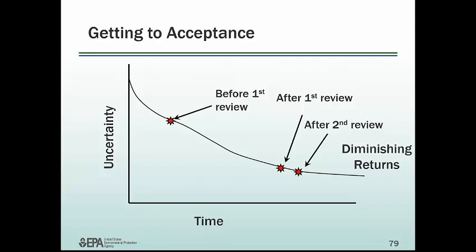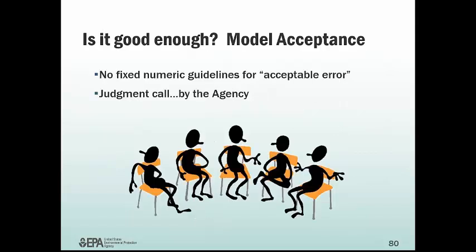So is the model good enough? As I mentioned, there are no fixed guidelines for the acceptable error. And why is that? I think it's reasonable that there aren't such fixed guidelines. First of all, Dino mentioned the wide variety of modeling challenges, the high variation in the types of problems that we use models for.